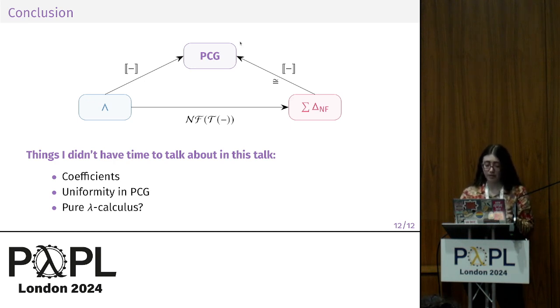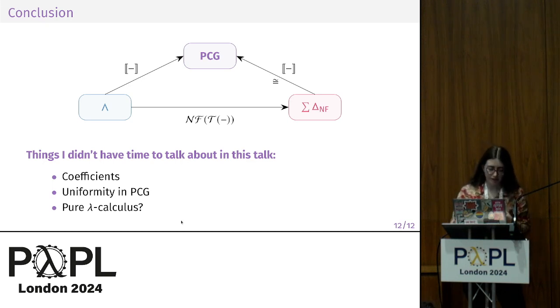Finally, maybe it's not clear on that diagram, but everything I just said is only in the typed setting, because we need every term to be eta expanded. And so another thing that we are doing is trying to prove the same kind of thing, but in a pure setting, which is a bit technical, because how do you define the eta expansion of a term if it's not typed?